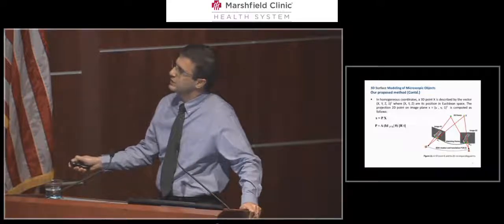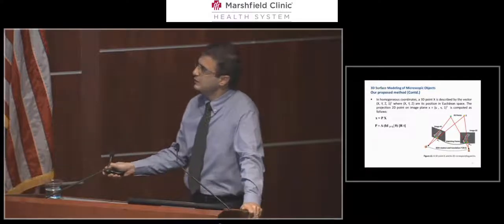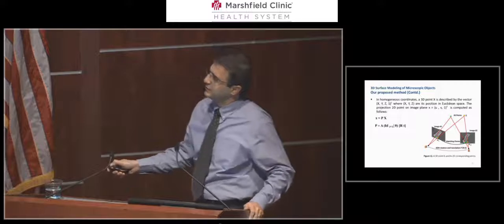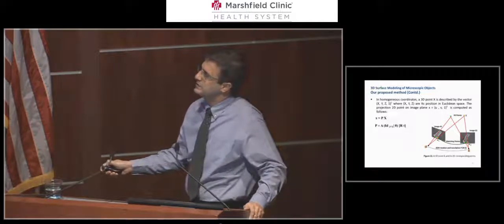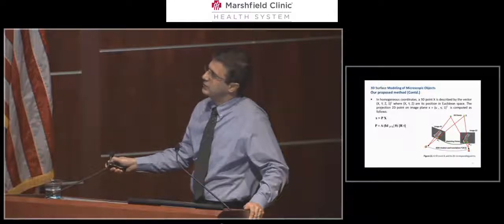This is the projection matrix of the camera, or projection matrix of the SEM machine, and this is x in the image plane. This is 2D. So the projection matrix of the camera would be A times the 3-by-3 identity matrix, and rotation and translation. A is the internal parameter of the camera.